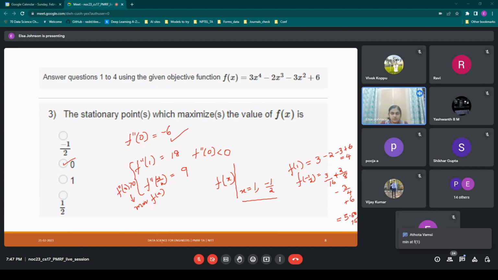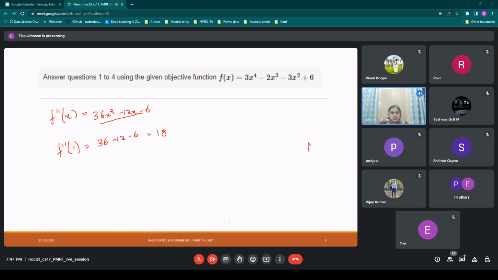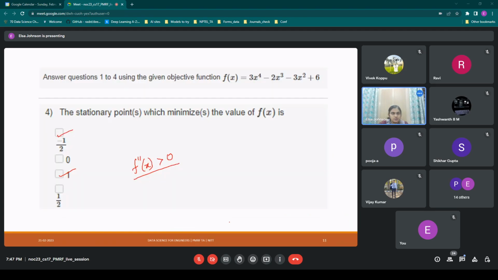Yeah, minimum at x equal to 1. So you can write global minimum at x equal to 1. Okay, yeah. So that is all these questions, from 1 to 4. So the stationary points which will minimize the value of f of x will be minus 1 by 2 and 1.